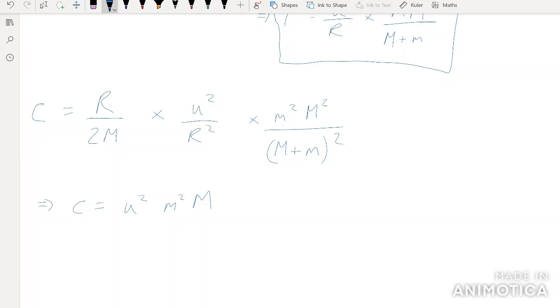I'm not particularly happy with the units there, but hopefully it will work out. Okay.